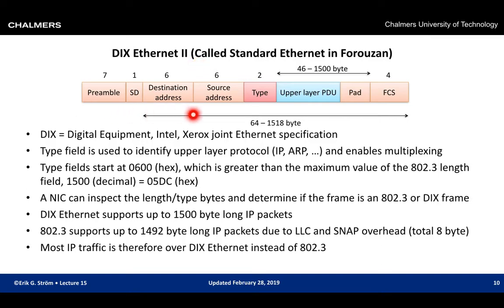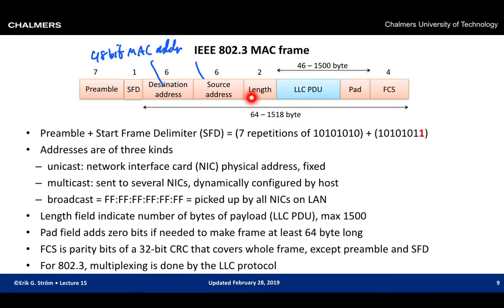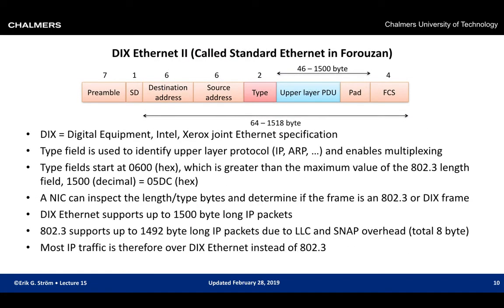So how does it look? It looks exactly the same as the 802.3 frame, except for this field. Okay, so if we go back, we see that this is the length field in 802.3. In DIX Ethernet it is the type field. And the type field here is used to identify the layer which is above Ethernet.